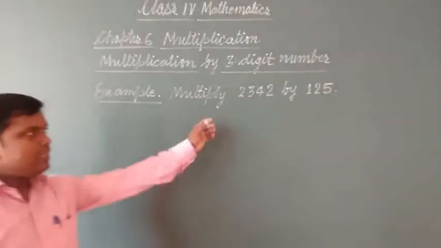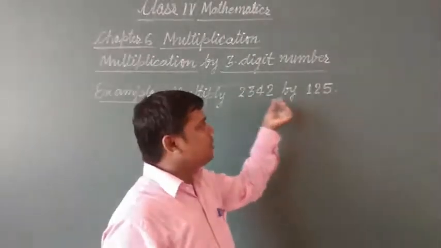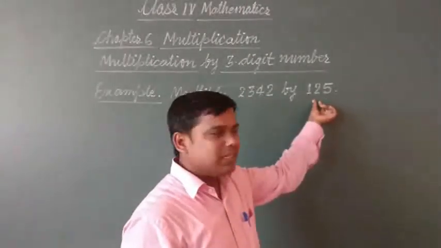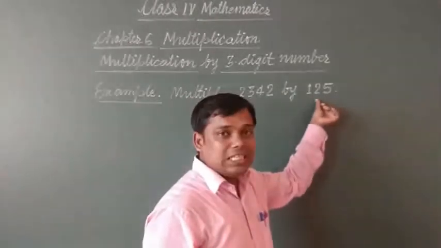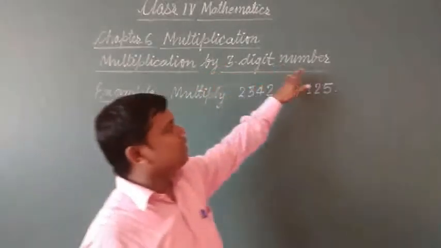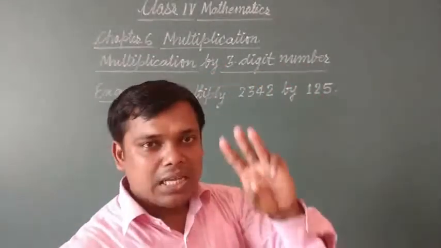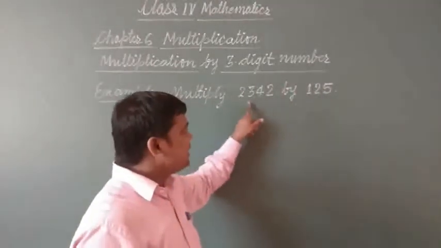As you are seeing, we have this number and we are going to multiply this number by 125. This is a 3-digit number. So I have written here multiplication by 3-digit number. We will multiply this number by this.